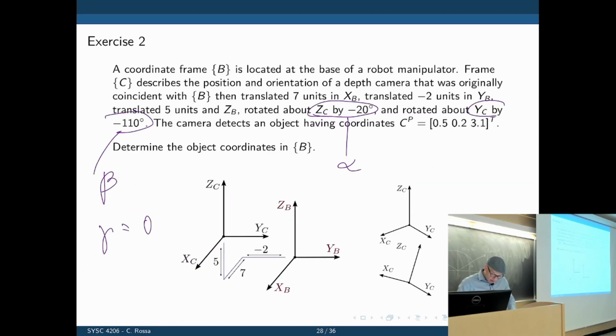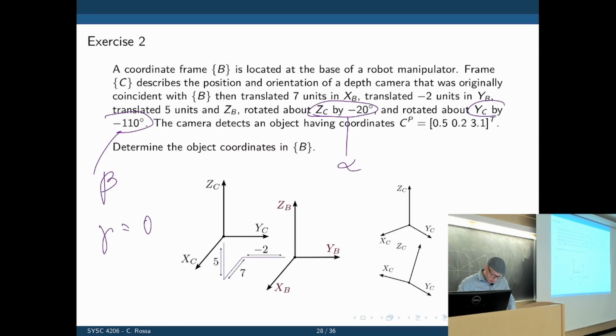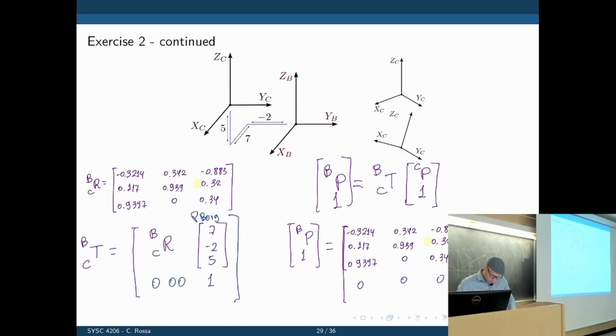What is that point P again? 0.5, 0.2, and 3.1. And then 1 at the bottom. This is the shift of the camera frame. This is the rotation of the camera frame. This is the point observed in the camera frame. And the last line there is just for completeness.